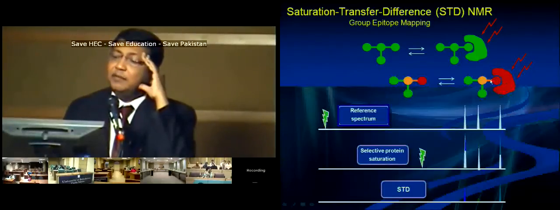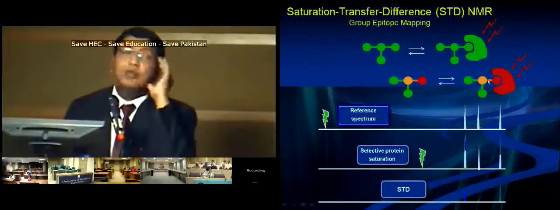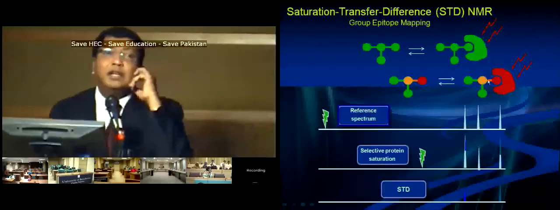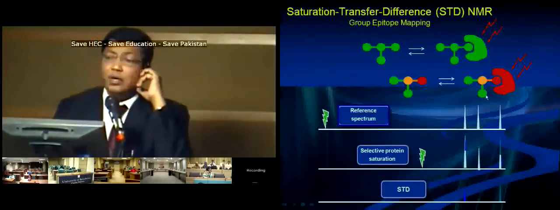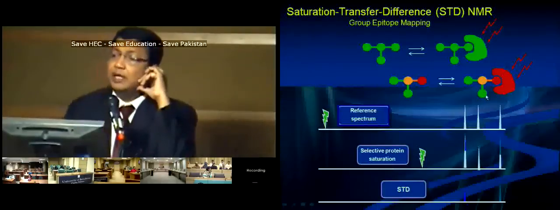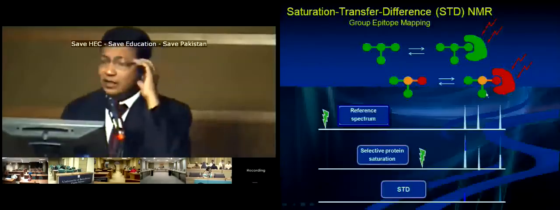Then you would see the difference in the NMR parameters, and you see that the NMR parameters of this particular part of the molecule are affected only, not these. Only this particular part of the molecule is called the epitope. This is an epitope, right? And this is an epitope.